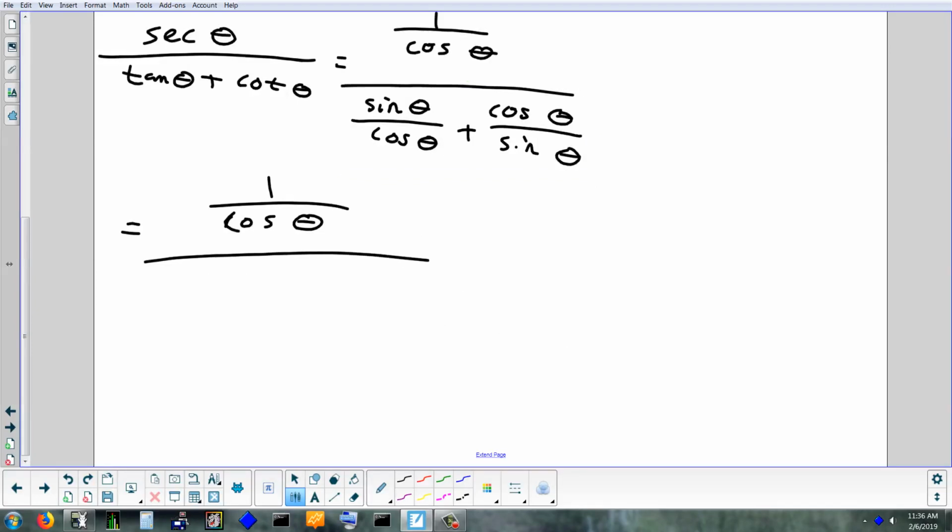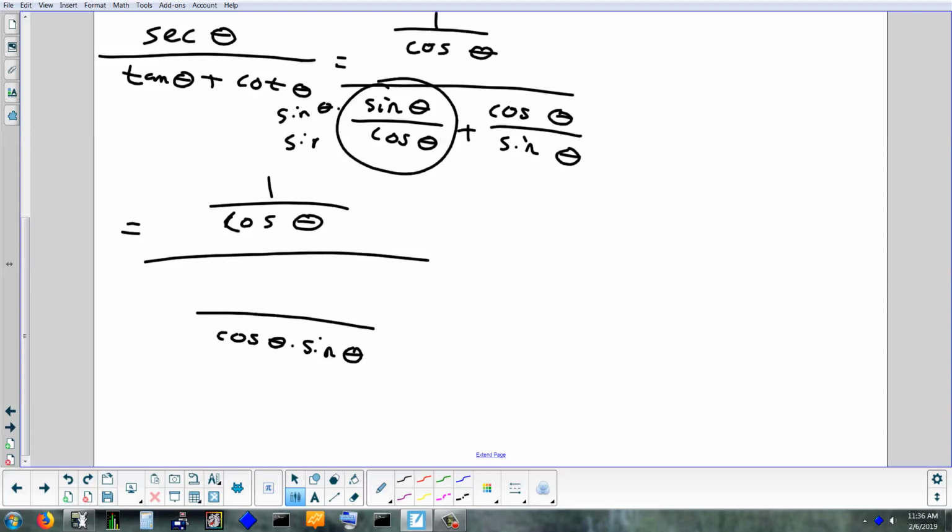So the common denominator is the product of the two that you have. What are the two that I have? Cosine, sine. So at the bottom, we've got cosine, sine. What is that fraction missing? It's missing a sine at the bottom. So we're going to multiply top and bottom by the other denominator.